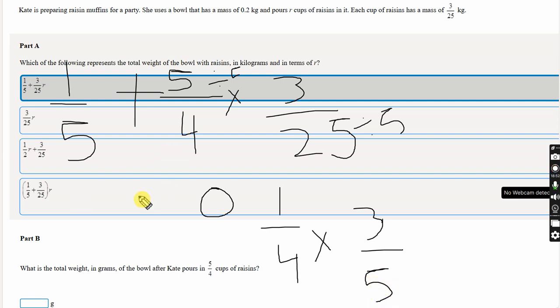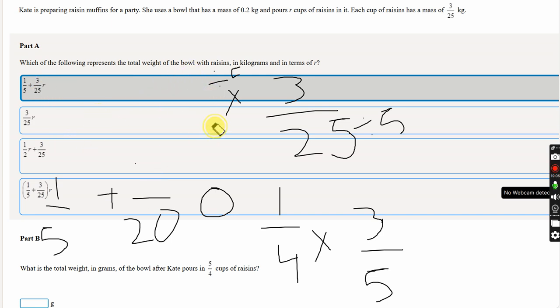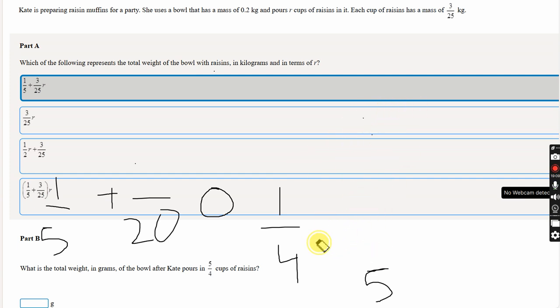You simplify that, it becomes 1 over 5 plus 3 over 20. Now, if you have 3 over 20 and 1 over 5, let me erase the rest so it'll have more space. Oh, I erased the 3 there by mistake. So now you cannot just add it, right?